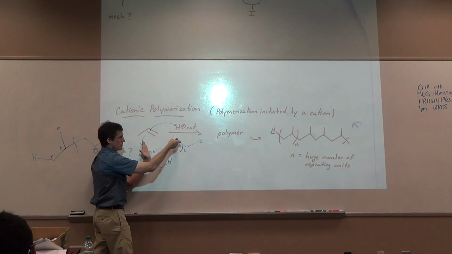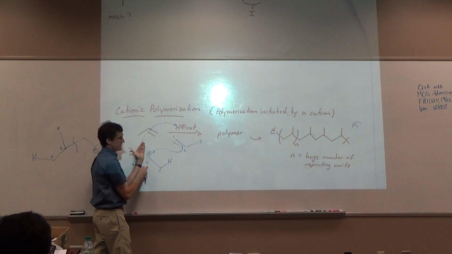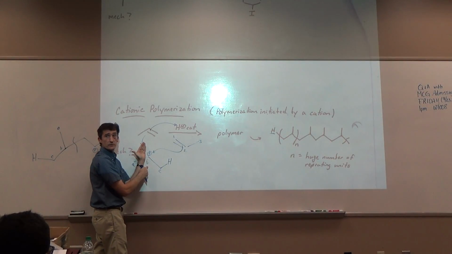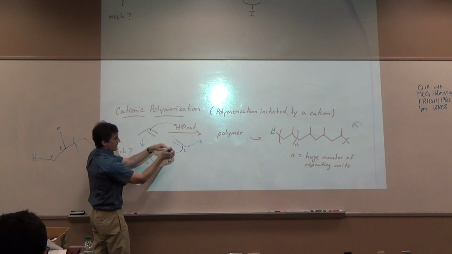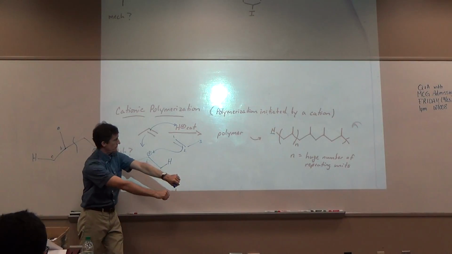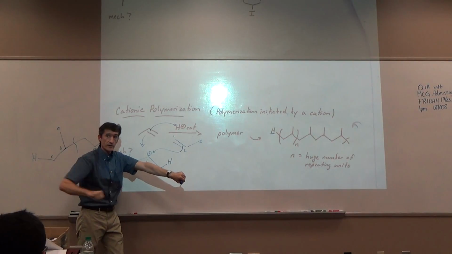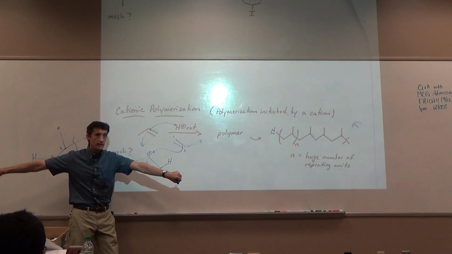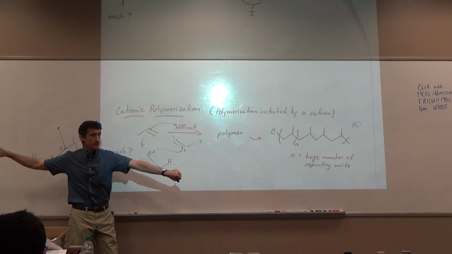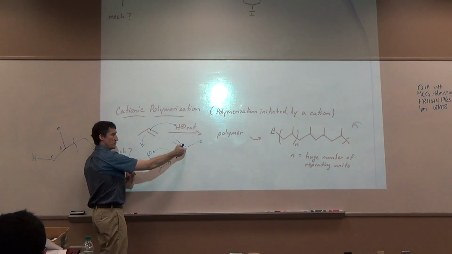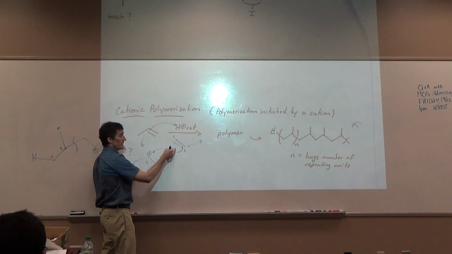Based on our arrow, which carbon is bonding to B? 1 or 2? Not 2. 2 is where we're leaving the cation. The electrons break away from 2 and go bond to B. 1 is bonded to B, leaving 2 the cation. Right? Don't we say, where do you want to leave the cation?